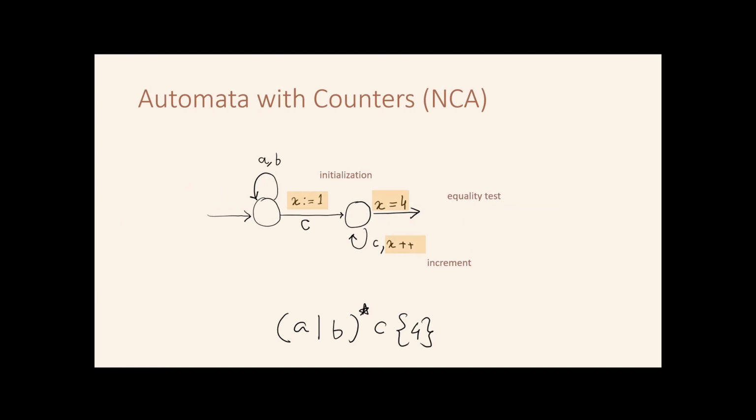So for example, in this case, this guard is meant to say that this state can only be accepting if the value of x is equal to 4. So this regular expression here is supposed to see some number of a's and b's, and then it is supposed to see exactly 4 c's, and it does so by initializing a counter to 1 and counting up to 4.